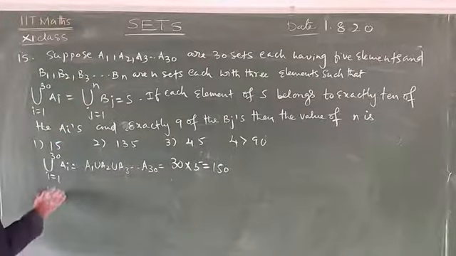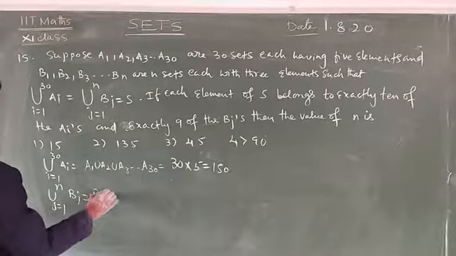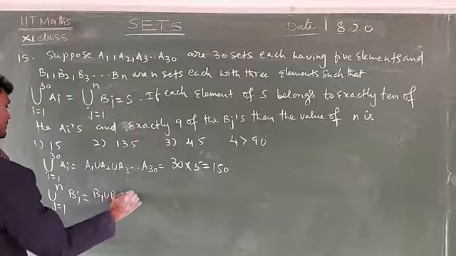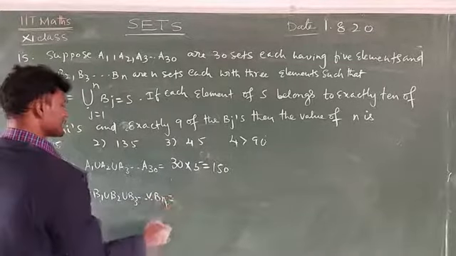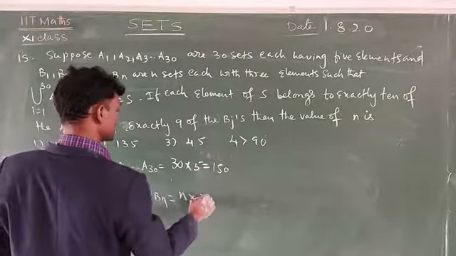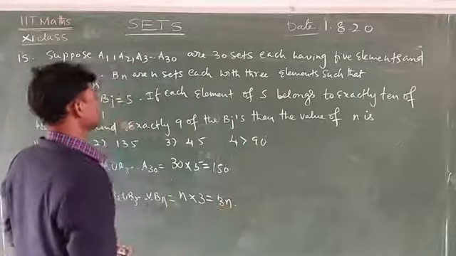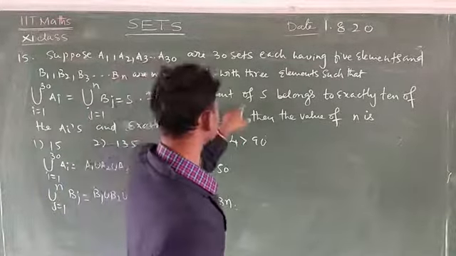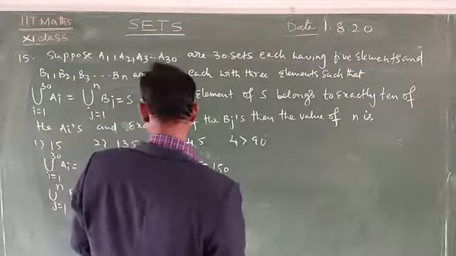Now the union of Bj for j = 1 to n: B1 union B2 union B3 up to Bn. Here n sets, each having 3 elements, so 3n elements. Thereafter, each element of S belongs to exactly 10 of the Ai's.